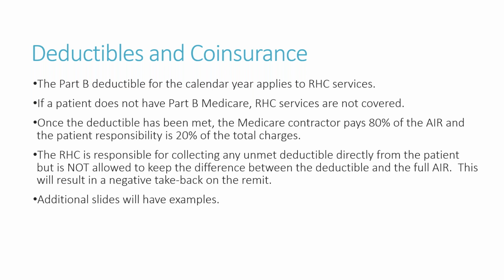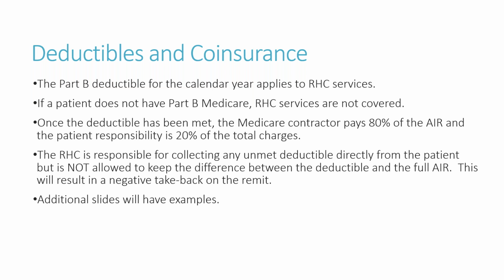And then the other tricky thing is, CMS holds us responsible for collecting any unmet deductible directly from the patient, but we're not allowed to keep the difference between that deductible amount and our all-inclusive rate. So this is where our negative take-back comes from at the first of the year as those deductibles are being met.